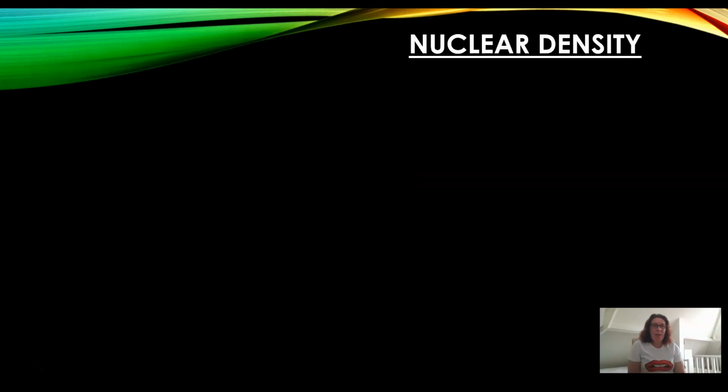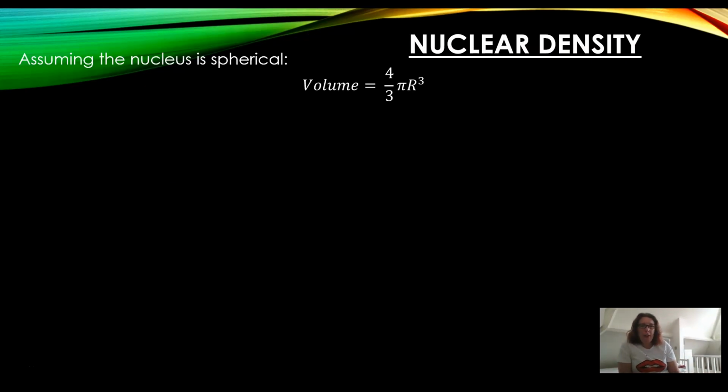Last thing I want to talk about then is the nuclear density. Assuming that a nucleus is spherical, the volume of that nucleus will be 4/3 pi r cubed. If we substitute this equation we've just looked at in for r, we'll get the volume is equal to 4/3 pi R0 A to the third, cubed.